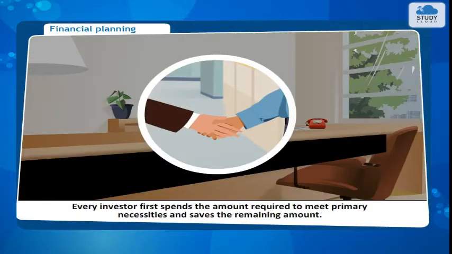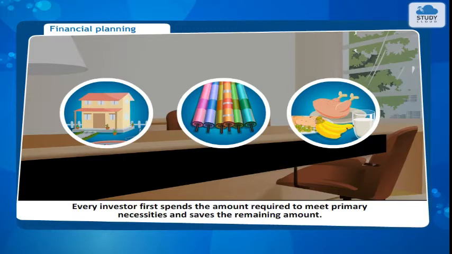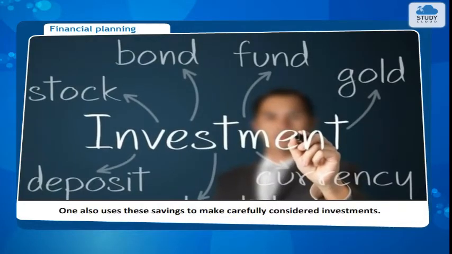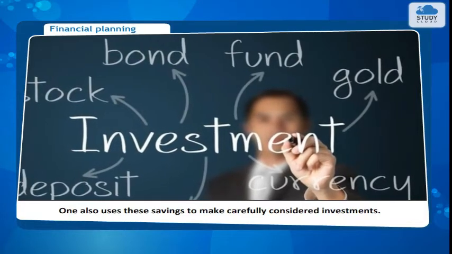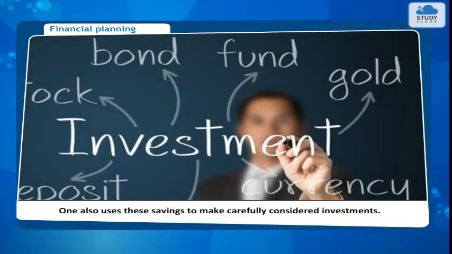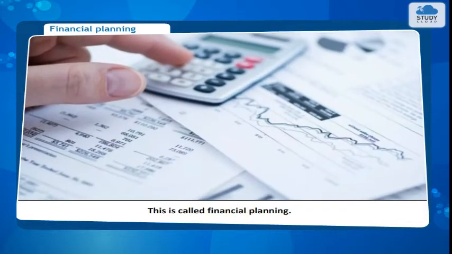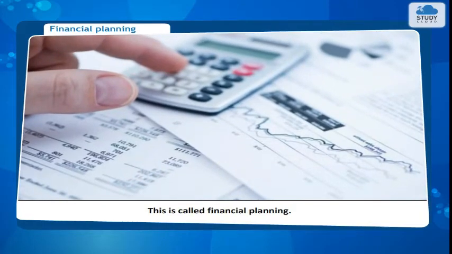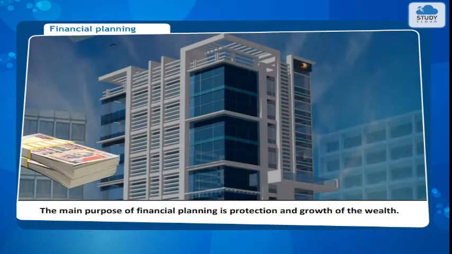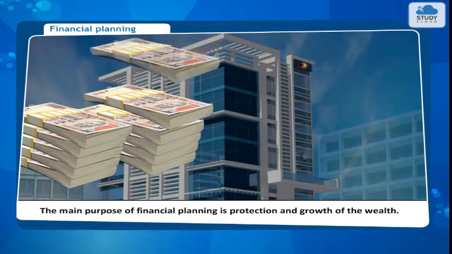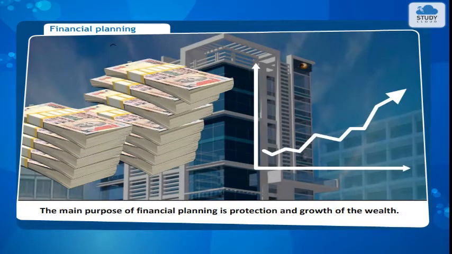Every investor first spends the amount required to meet primary necessities and saves the remaining amount. One also uses these savings to make carefully considered investments. This is called financial planning. The main purpose of financial planning is protection and growth of the wealth.